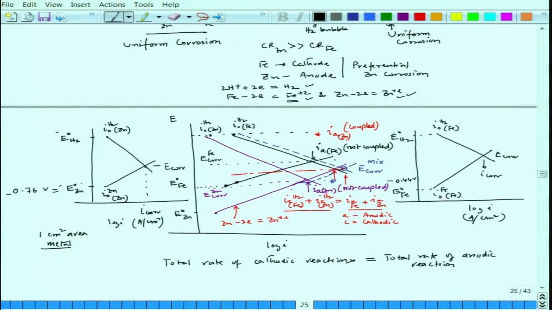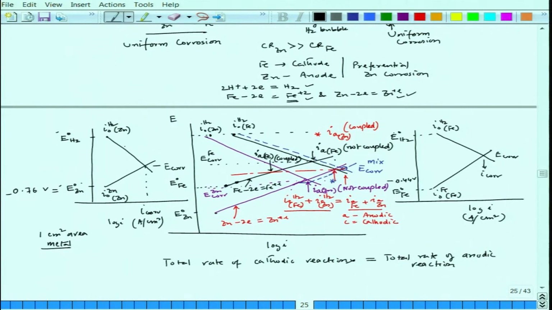And after coupling, the corrosion rate of iron is, because this is the line which talks about the anodic reaction of iron, this one is the corrosion rate of iron after coupling. So, this is I_A iron coupled.